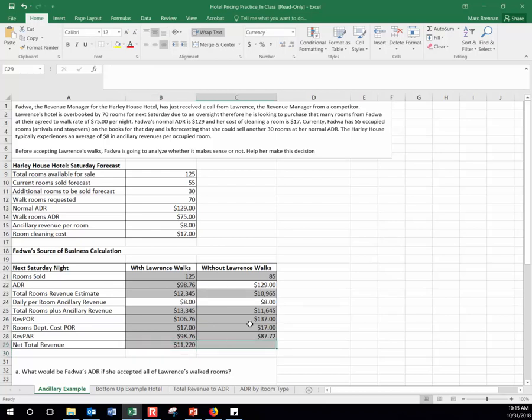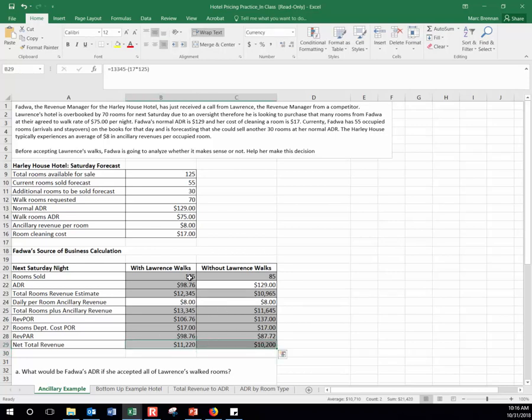So $11,220. If I do the same here, my $11,645 in total revenues, rooms and ancillaries, I'm going to take away how much it costs per occupied room, $17 times the 85 rooms, because we want to make sure that we take costs into account for all of our rooms. So $10,200.